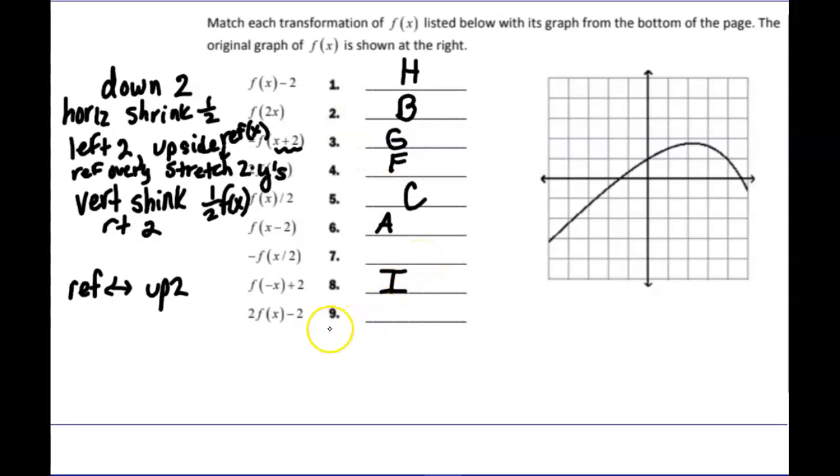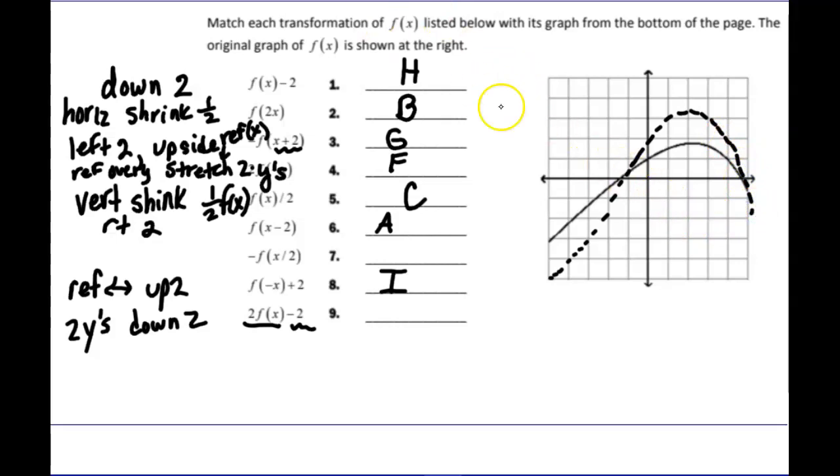All right. This is stretched twice as tall and then shifted down 2. Times all the Y's, but then down 2. So if I did 2 times all the Y's, it would be going down here and up here like this, 2 times the Y's.